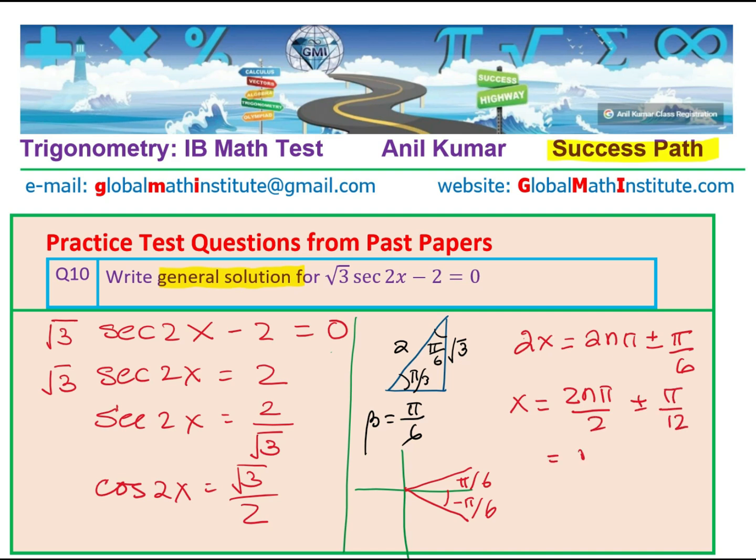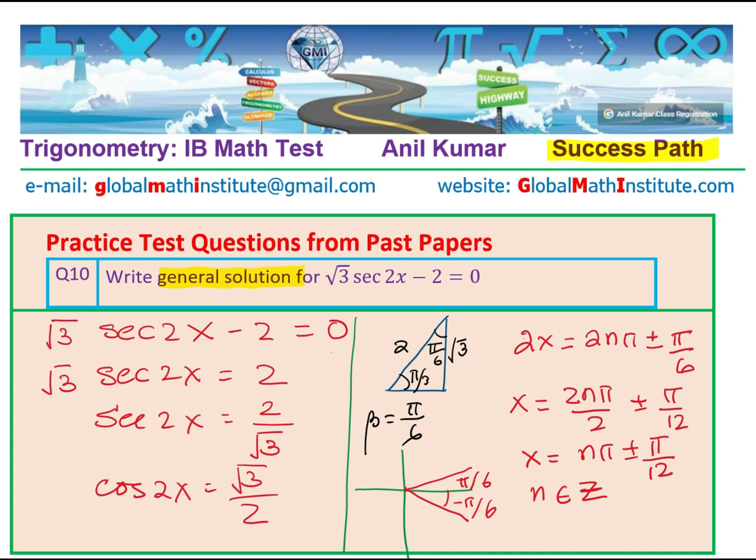Or clearly, n pi plus or minus pi by 12. So that is the general solution for x, and where clearly what is n? n belongs to integers. Is that clear to you?